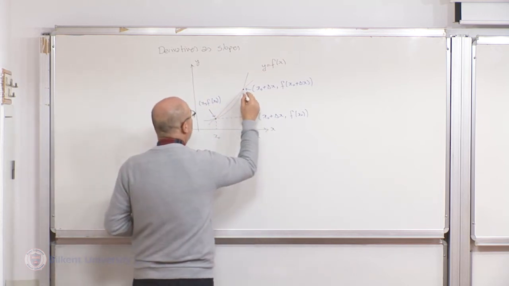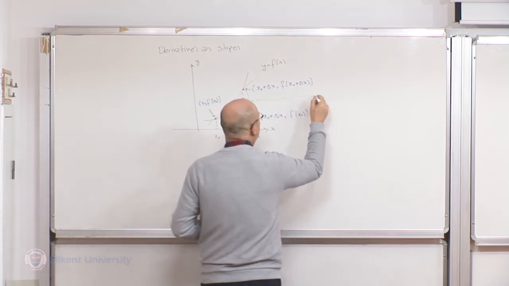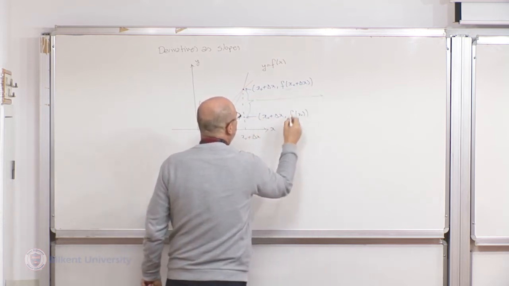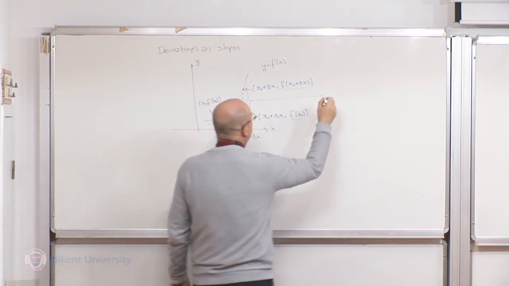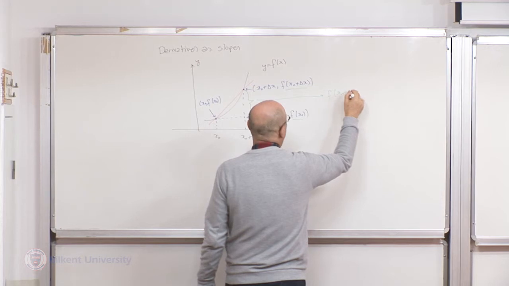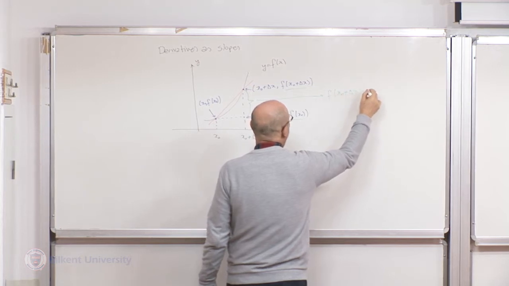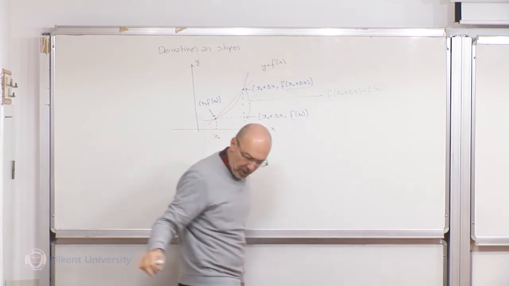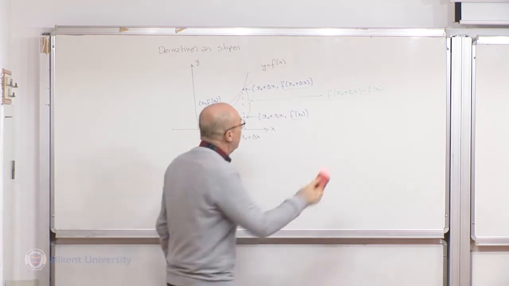So this distance here, what is it? This subtracted this. So this is f of x sub 0 plus delta x minus f of x sub 0.